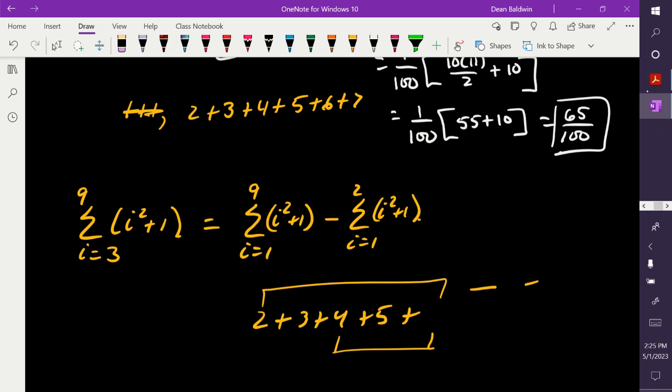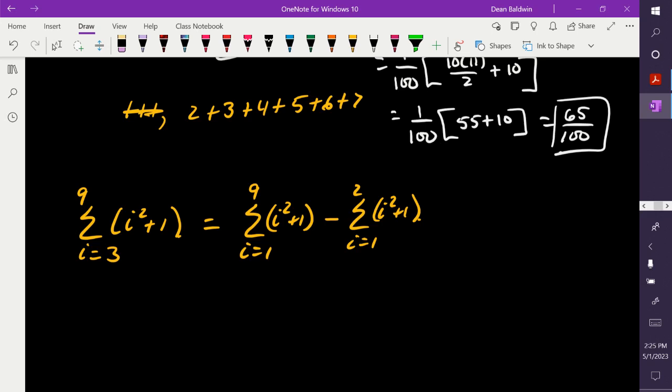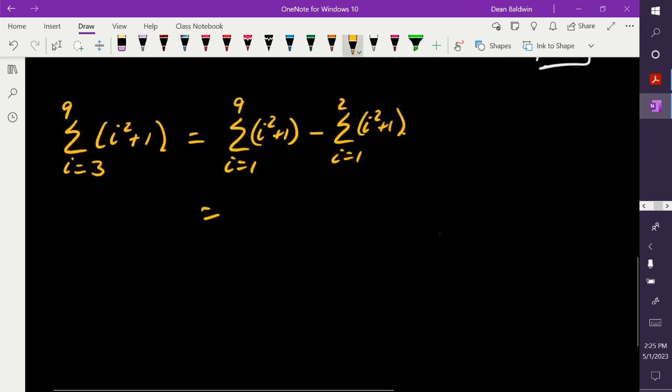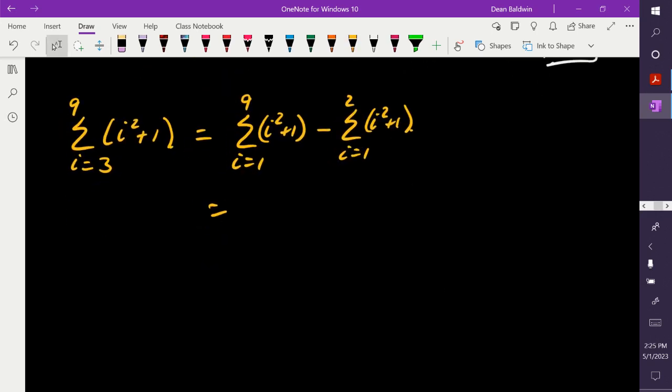All right. I know this stuff's kind of weird, but we're just going to have to fight through it. So now I look at the first one. You're going to separate them into separate sigmas.